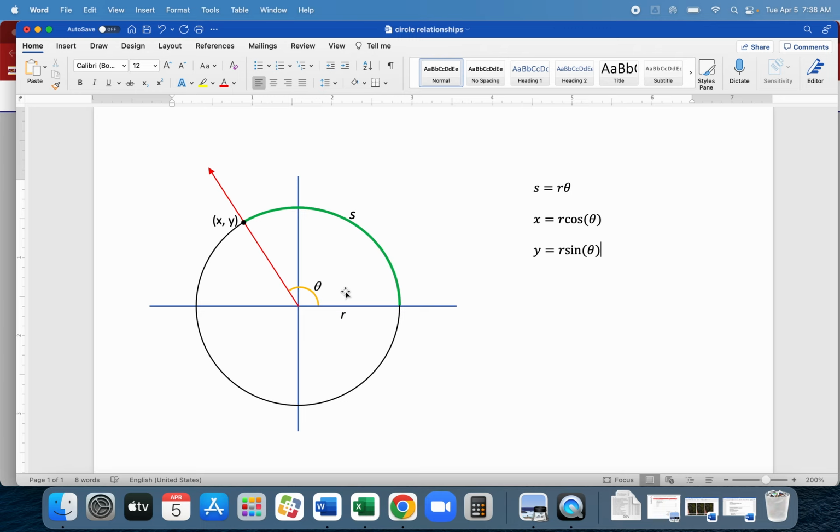Because I know how to compute composition of functions. If I know how much time has gone by, then I know how far I've traveled. If I know how far I've traveled around the circle, I can convert that back to, using the first equation, what the angle is. And therefore I could find an XY position too. So we can start from other pieces of information other than just knowing an angle to find an XY position or to find an arc length.